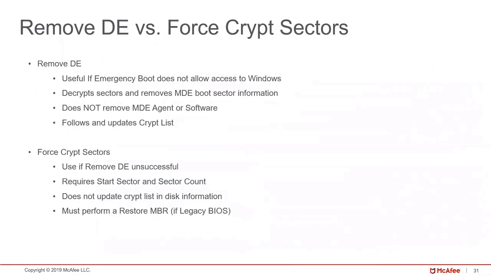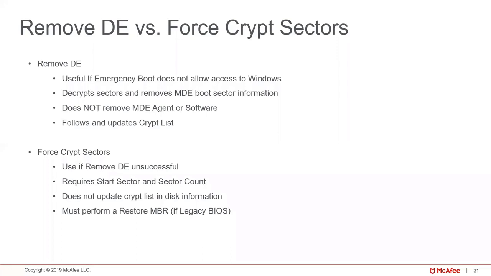Now, back in the DETech environment, we had talked about the emergency boot. If that option is not viable, either because the emergency boot's not able to complete for any reason, or if the issues existed beyond the drive encryption pre-boot file system, for example, the scenario mentioned a minute ago where the pre-boot was functional, but there was an issue in the operating system, you can use the option to remove DE to decrypt the encrypted ranges on the drive, and then revert the pre-boot file system or the boot process back to a Windows process.